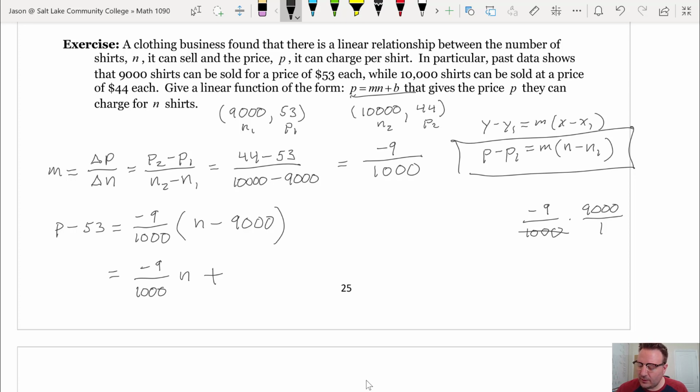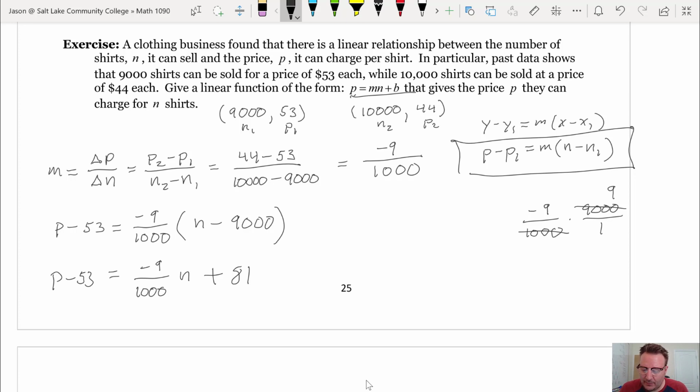So 1,000 goes into 9,000, and I'm left with a factor of 9. So I have negative 9 times 9 over 1, or negative 81. But negative times negative is positive, so this is going to be positive 81. So p minus 53 is equal to that quantity.